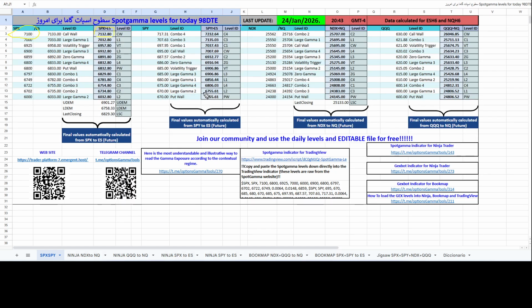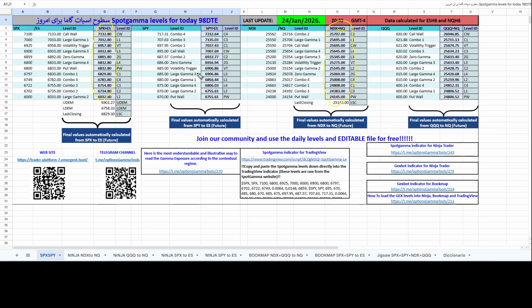This calculation is made too for NDX. I do the calculation for NDX options and transform it to NQ. All this information for NQ and ES is what I load every morning in the NinjaTrader platform.